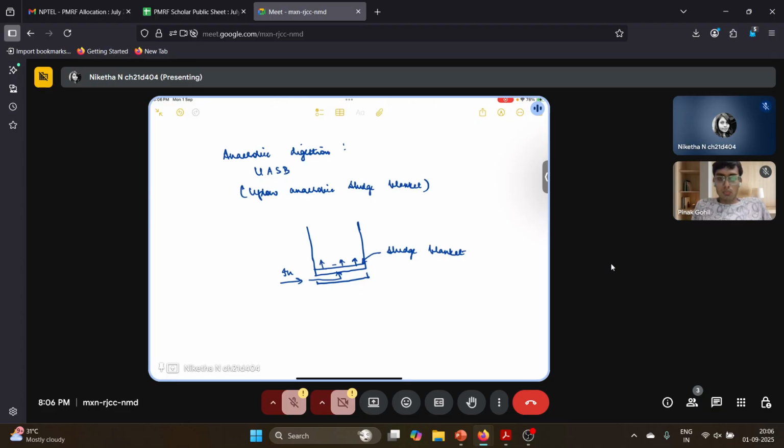In this place, the water will react with the anaerobic bacteria, and sludge will be produced. Again, sludge is nothing but dead bacterial cells. So these sludge granules will form. Some of them will float, but most of them will come down and settle in the sludge blanket here. Over time, the sludge blanket's thickness will increase. And because it is an anaerobic reaction, there is formation of methane and CO2 gas also.